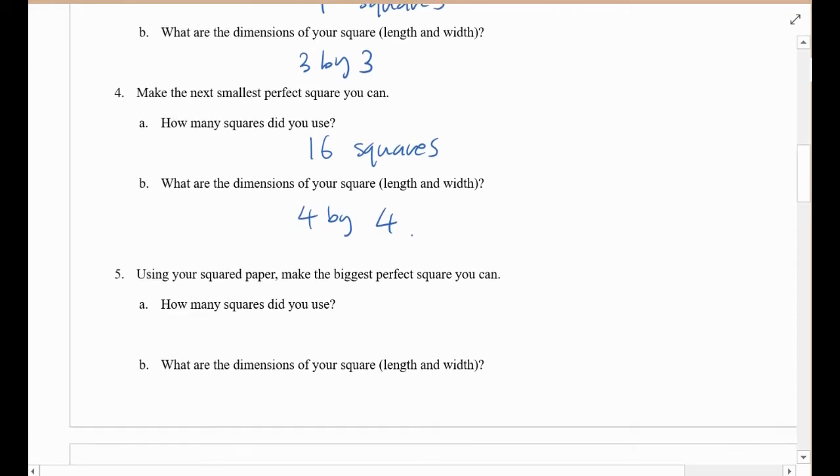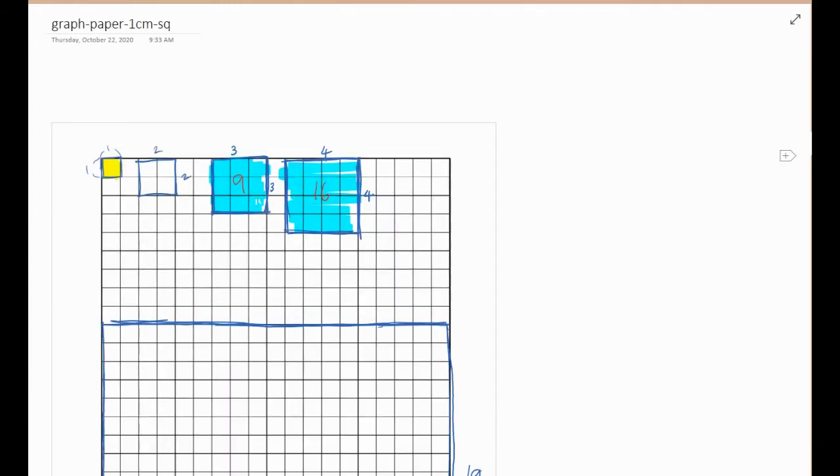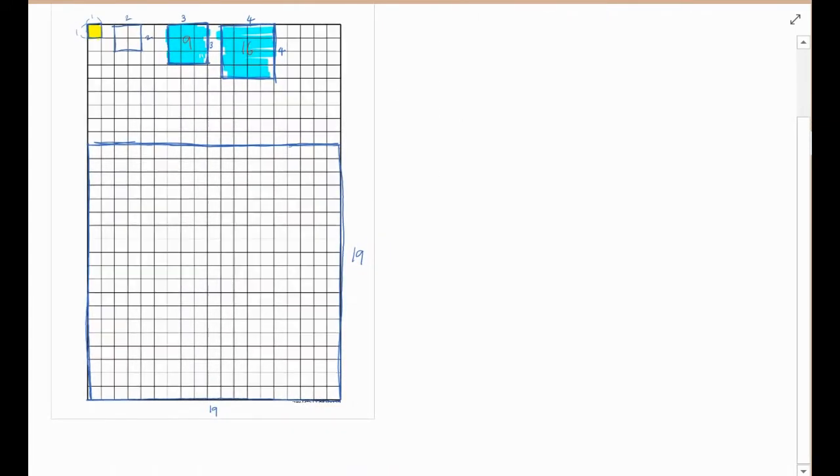Number 5 is a bit tricky. Using your square paper, make the biggest perfect square you can. Okay, look at the square paper. To make the biggest one, we have to count the number of squares here. So I have 19 squares, and I count 19 squares from here to here and draw it.